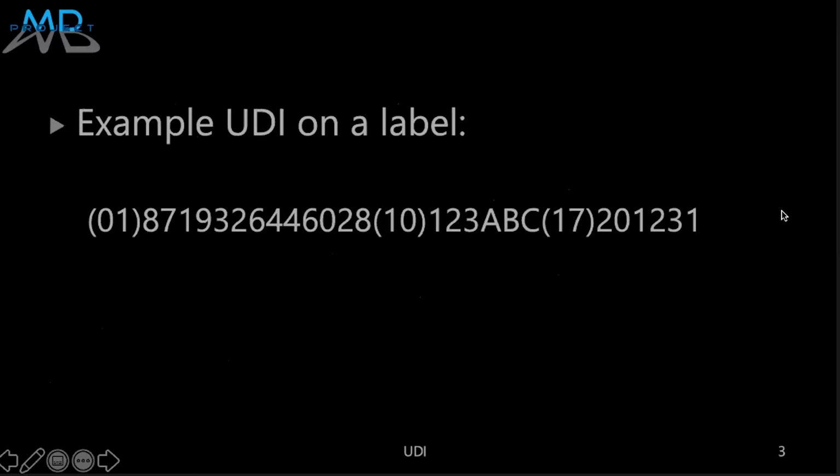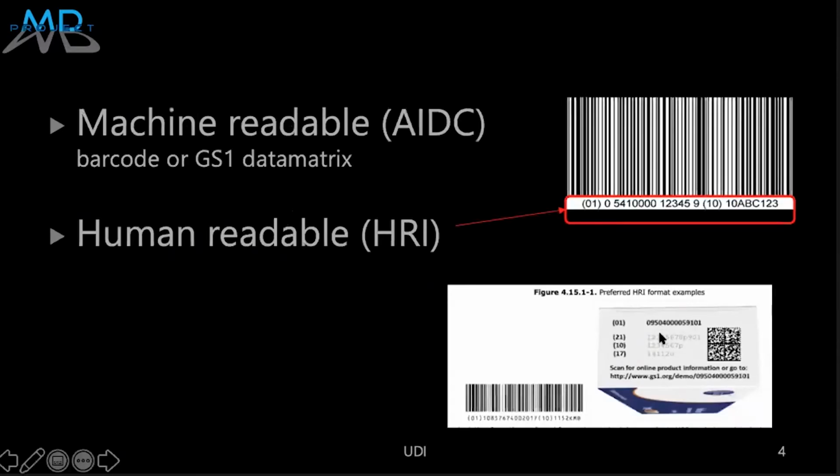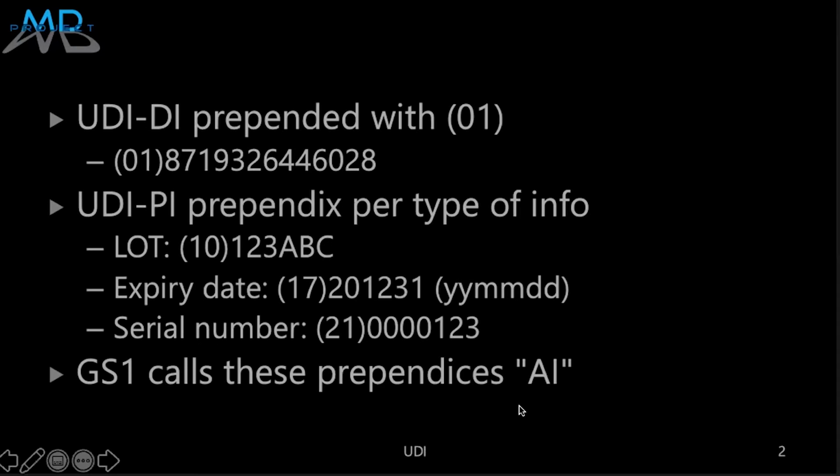So it's a very flexible system to put in a lot of data, and your barcode might get longer, or your data matrix might get a little bit more complicated. But you should really check into those general specifications to see which kind of information you can put in there.